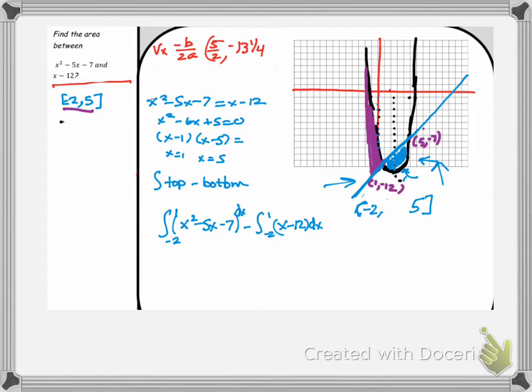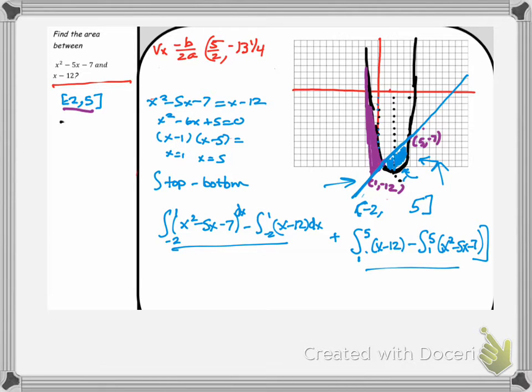Now that's the first piece, and then you have to add the second piece. The second piece, you would have from 1 to 5 of x minus 12, minus x squared minus 5x minus 7. Now we can put these pieces together.